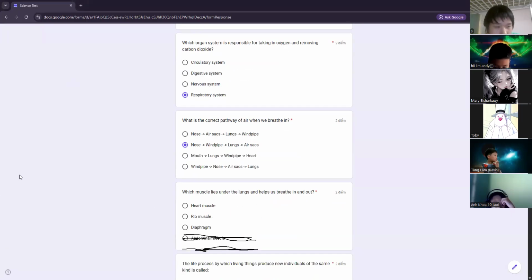So which muscle lies under the lungs and helps us breathe in and out? Can anybody tell me? Anyone? Would anybody like to answer?